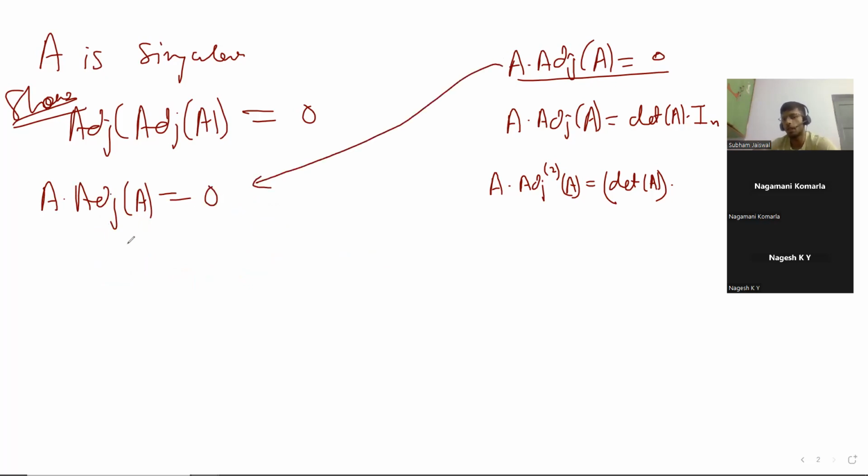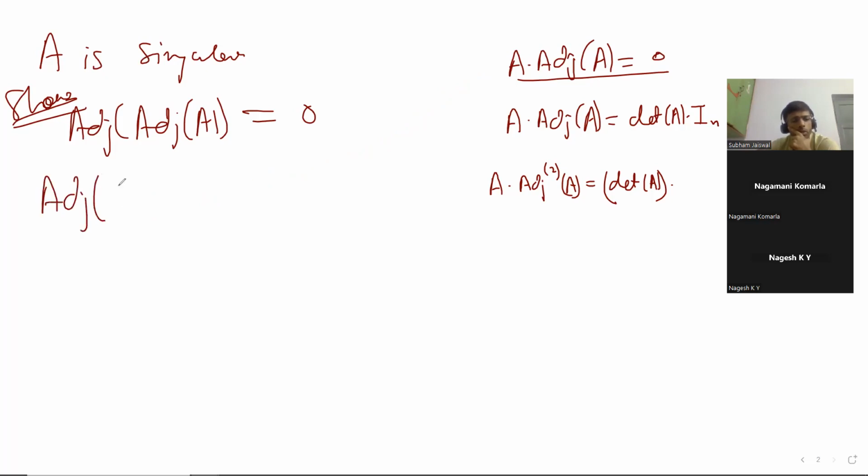If it's invertible, then you can just multiply by its inverse, and A becomes 0, but in that case also it is 0. So adjoint of A is singular. That is fine.